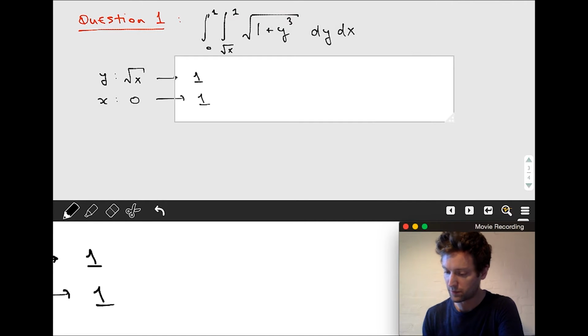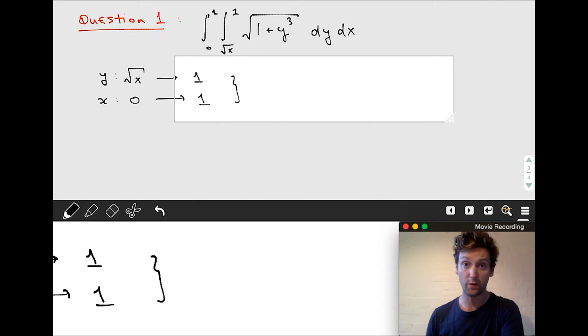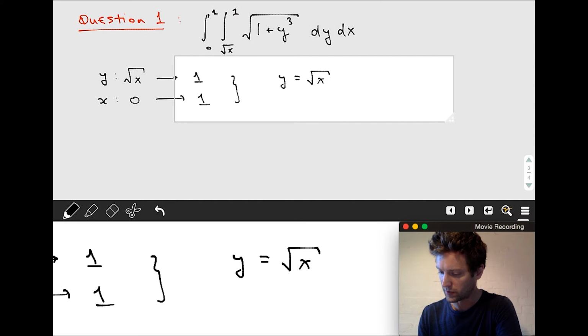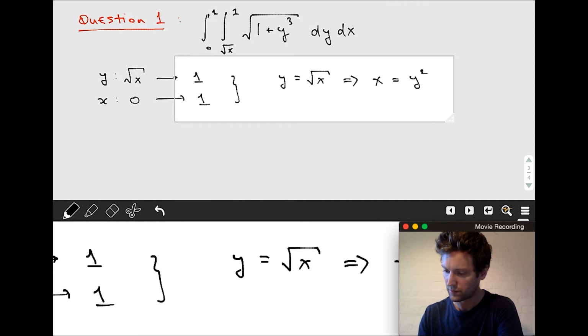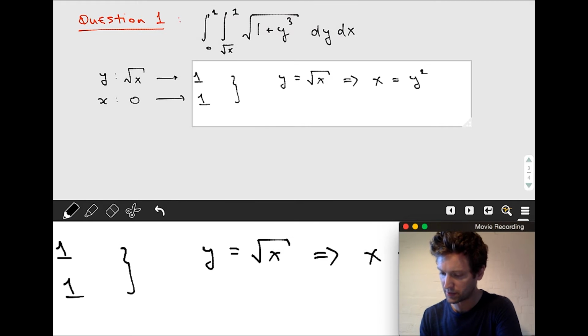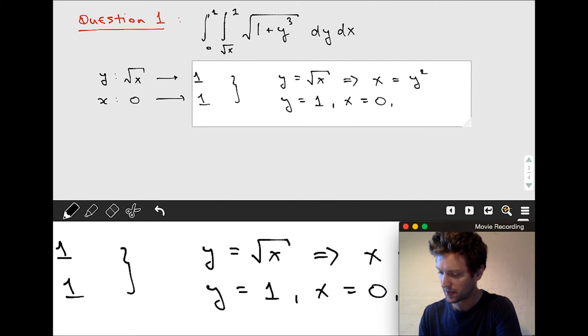So we can interpret that as the region enclosed by the following curves. y is equal to the square root of x, which we can rewrite as x is equal to y squared. We've got y is equal to 1, x is equal to 0, and x is equal to 1.